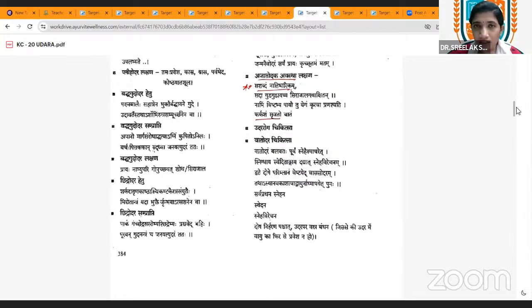Then in Dushyodara, the point that you have to remember is Visha. Visha can be given for the treatment of Dushyodara. So Krishna Sarpa Visha or Sthavara Visha, like Gunja and Karaviraka Visha, can be given in Dushyodara.